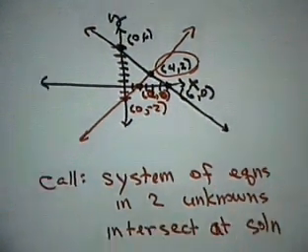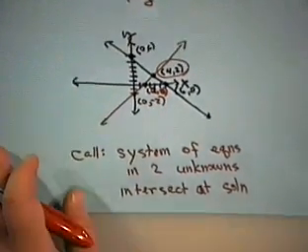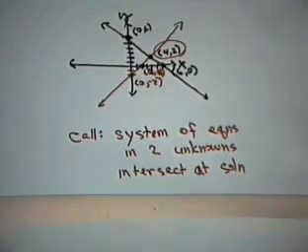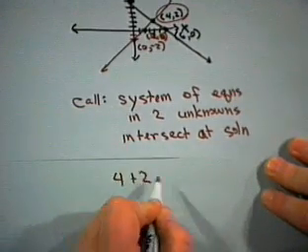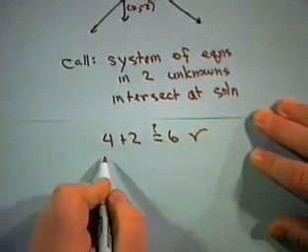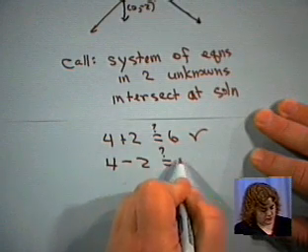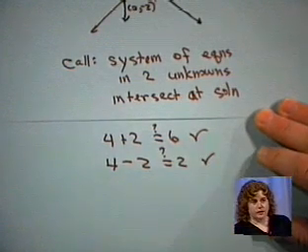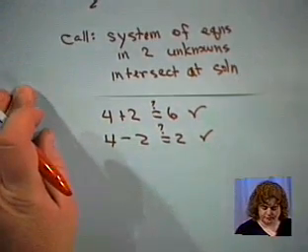Let me zoom out again. If I put into x plus y equals 6 the 4 and the 2, 4 plus 2, does it equal 6? Yes, life is good. And with the x minus y, is 4 minus 2 equal to 2? Wonderful. Those coordinates make a true statement for each equation.